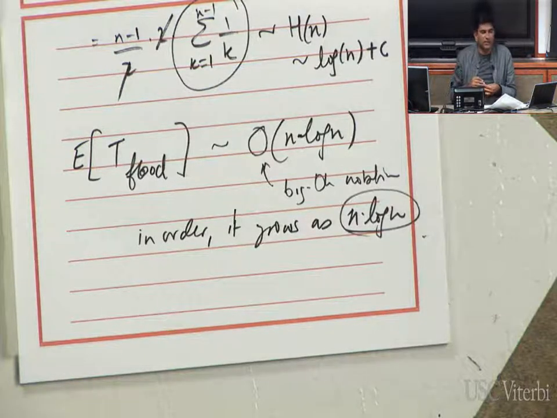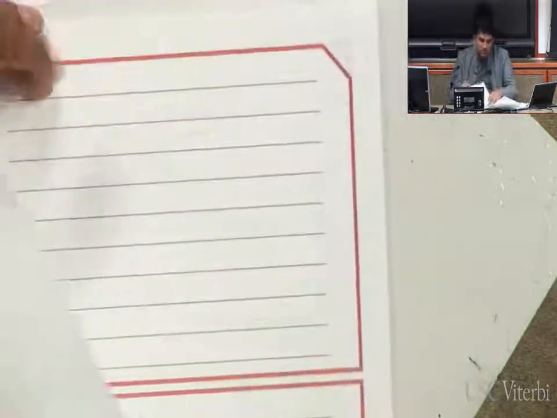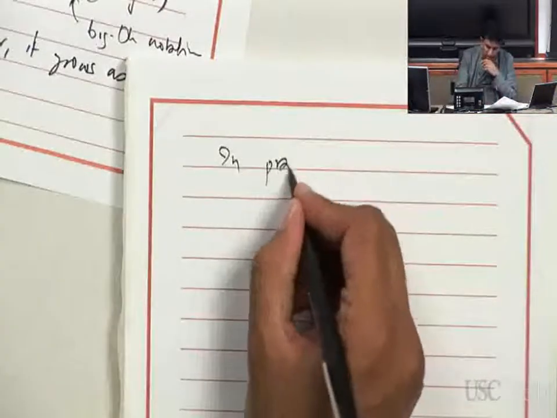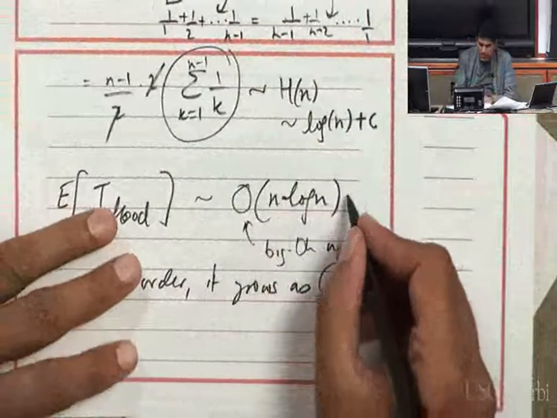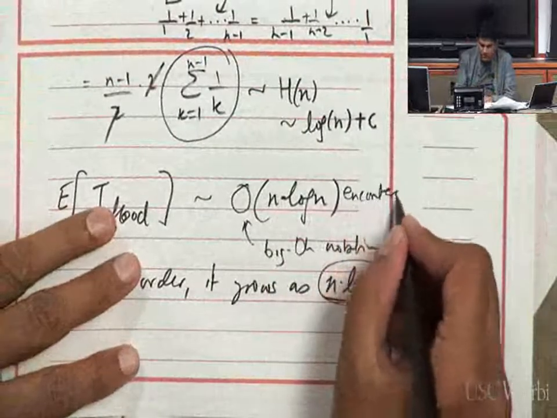Now in practice, if you have a network and you grow the number of nodes in that network, you would expect that the time between encounters would actually shrink. Because in practice, this is the total number of encounters, okay?